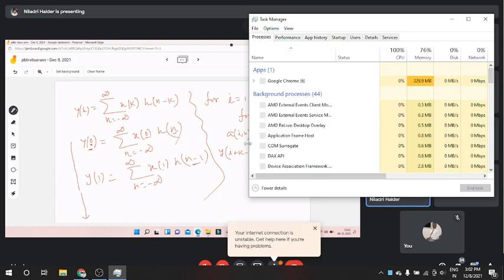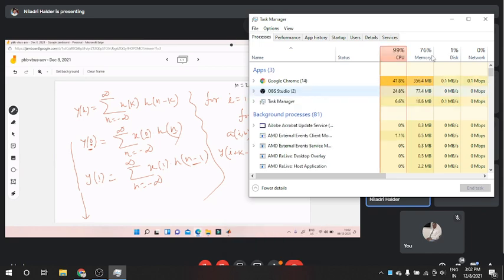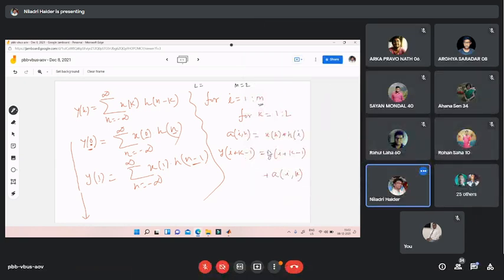Suppose length of h is 2 and length of l, means length of x, is 3. One sequence we are considering whose length of x is 3, 1 2 3 suppose, and length of h is 2, 1 1 suppose. So this is defined as l, that is defined as m.